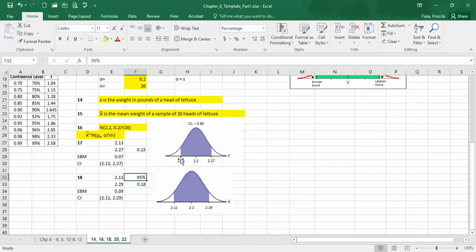The more you narrow these values and try to get closer to the actual value, the less confident you are. So the more you increase your confidence level, the more you have to increase your area to be correct.